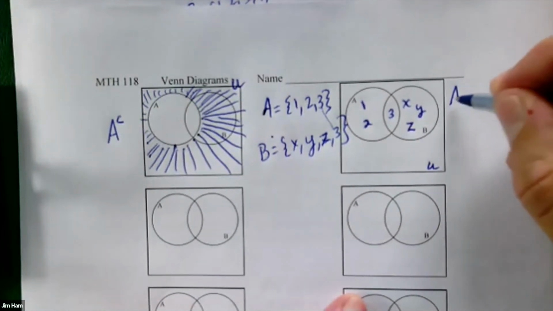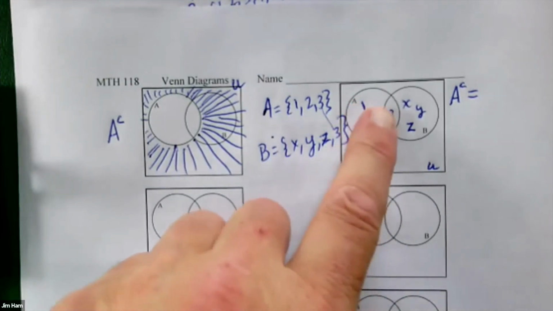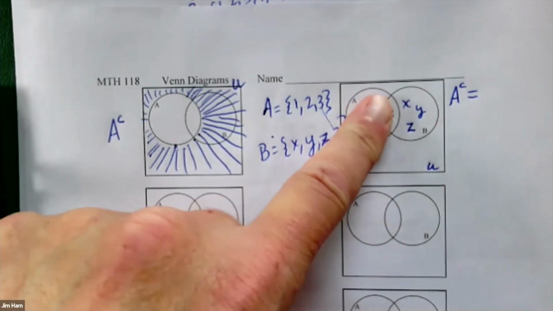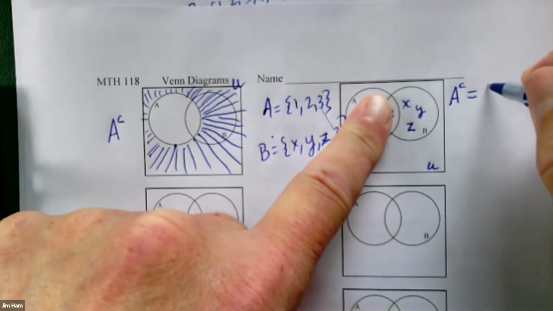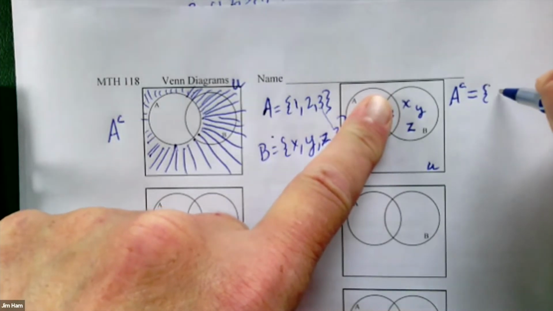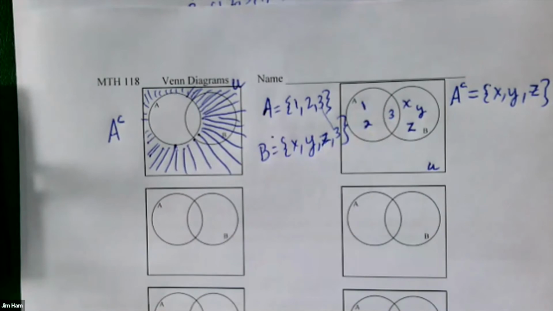All right, so if we wanted to identify a complement, one way you can do it is just to list all of the elements, but take out the elements of A. So just cover up those elements there. And everything outside of A then would be the complement. So the complement of A is X, Y, and Z. Now here's another way you can do it.